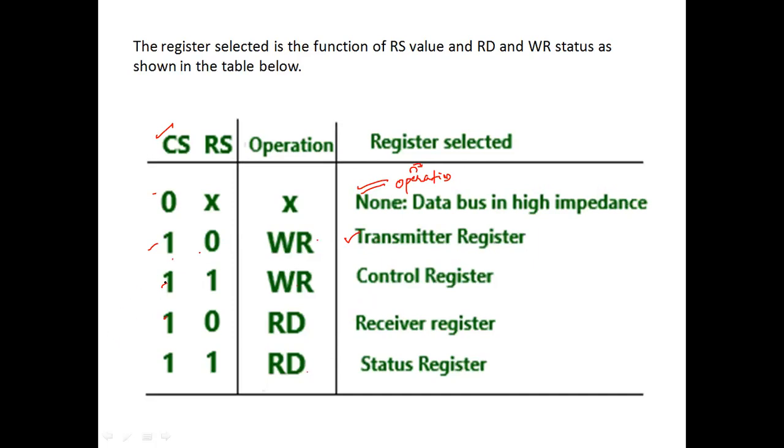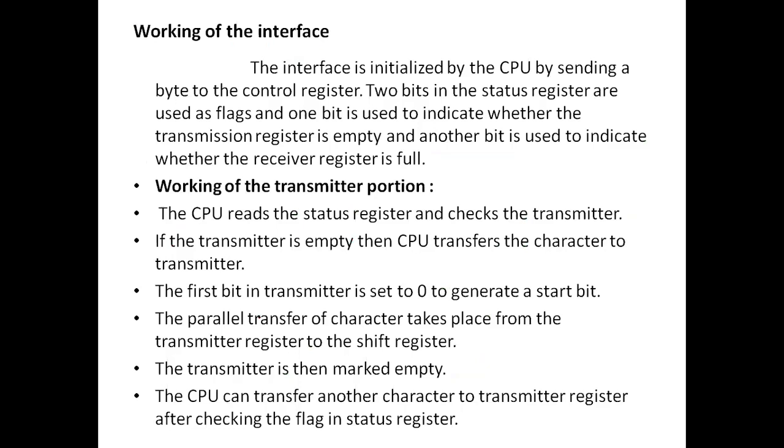If chip select is 1 and RS is 1, then the write operation is done and the control register is selected. If chip select is 1 and RS is 0, then it is a read operation and the receiver register is selected. If it is 1 1, it is a read operation and the status register is selected. This is how the operation takes place.